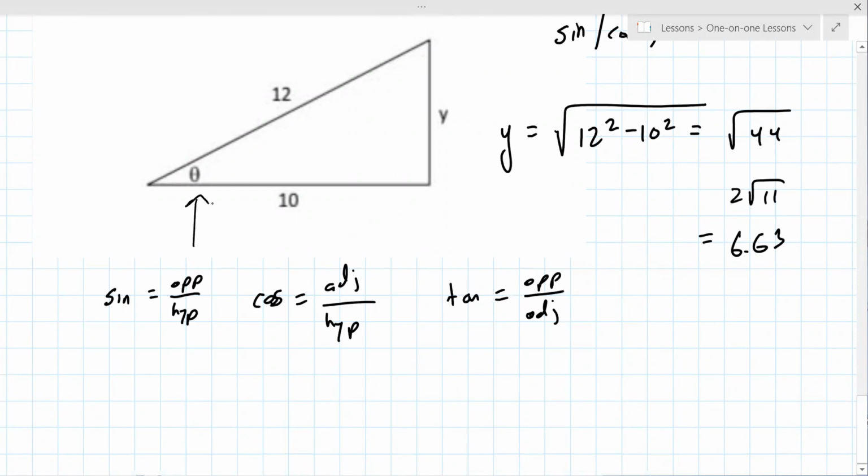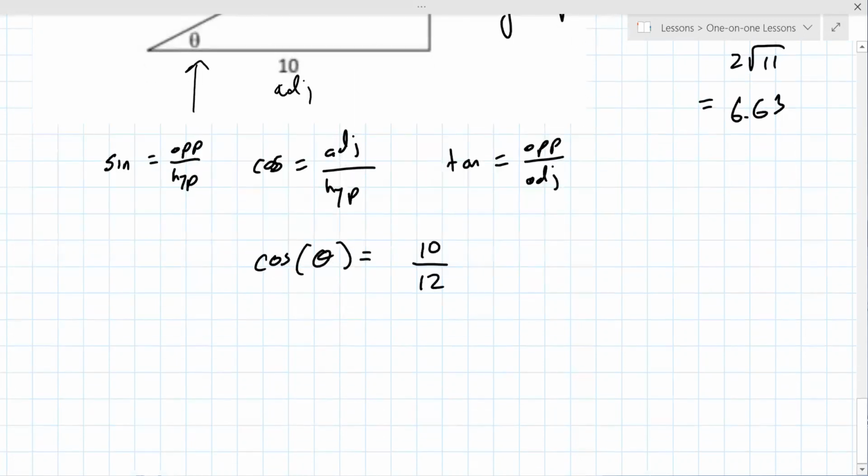Relative to this angle right here, this is the adjacent, and this is the hypotenuse. So cosine for this case. So we can say cosine of theta, that's the angle, equals 10 divided by 12. That's just 0.833 or whatever. Well, to solve this, you have to undo cosine.